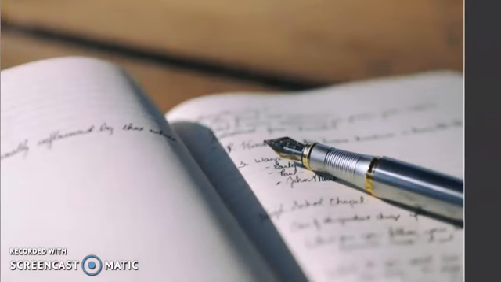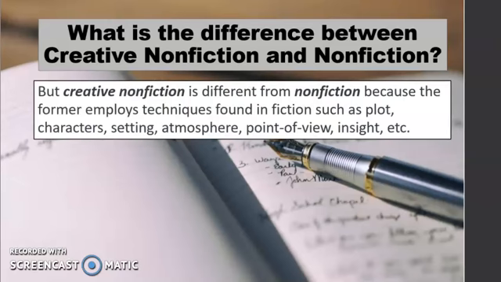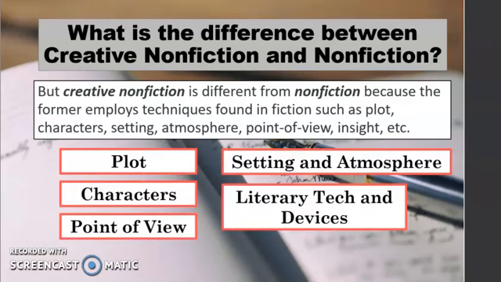So, what is the difference between creative nonfiction and nonfiction? Creative nonfiction is different from nonfiction because the former employs techniques found in fiction, such as plot, characters, settings, point of view, atmosphere, insight, and other literary techniques and devices.